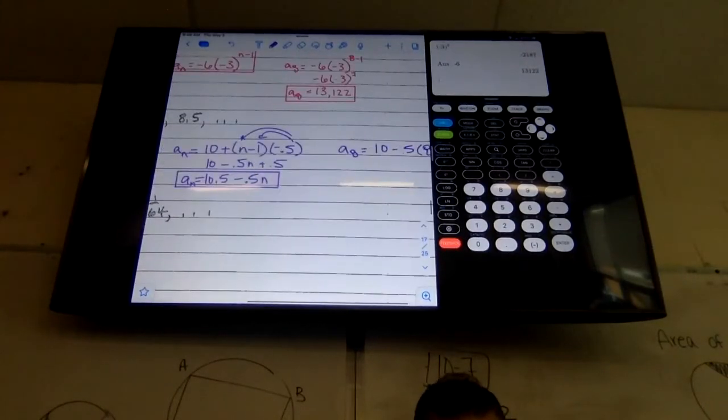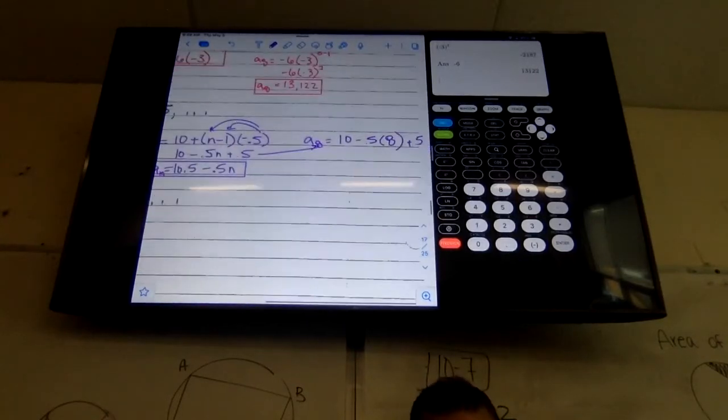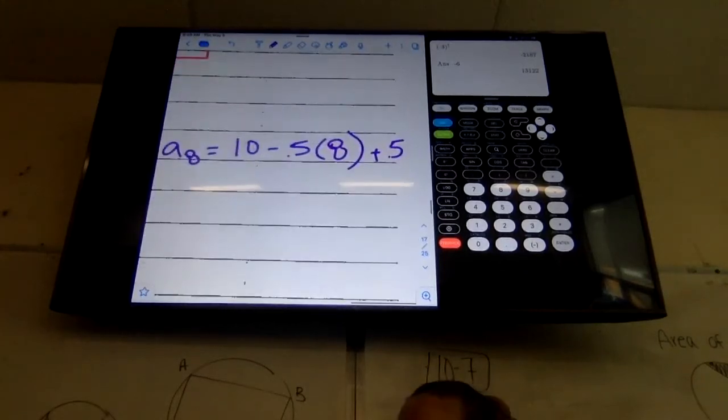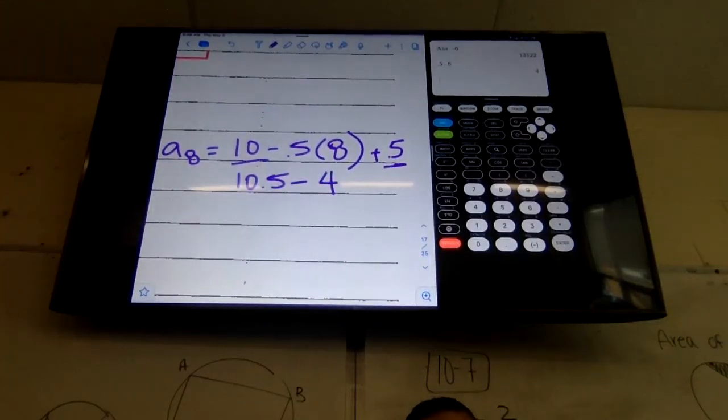You're hitting me at that middle step. That's fine. I probably would have combined my 10 and my 0.5 so I don't have an extra step. That's why I was confused, but you're not wrong. This is fine. So 10.5, so now I will add my 0.5 and my 10, and I'll multiply my negative 0.5 times my 8, which will be minus 4. And then 10.5 minus 4.